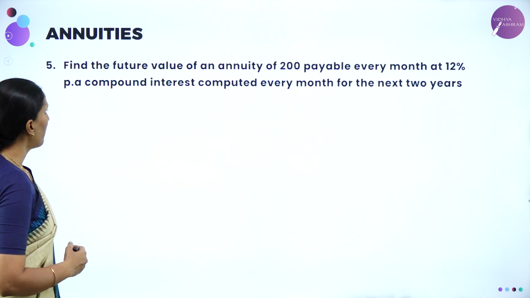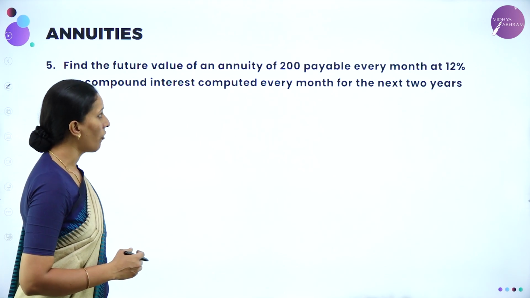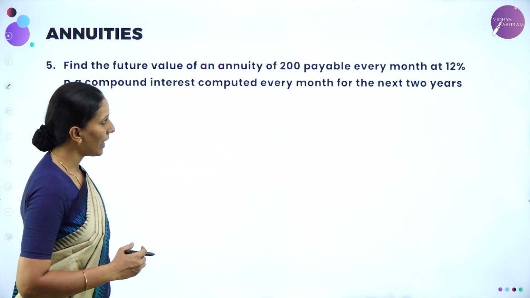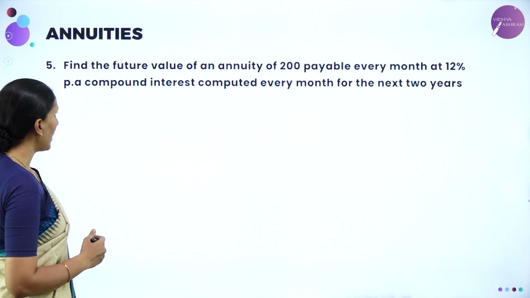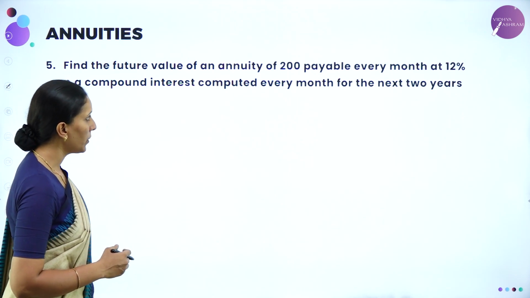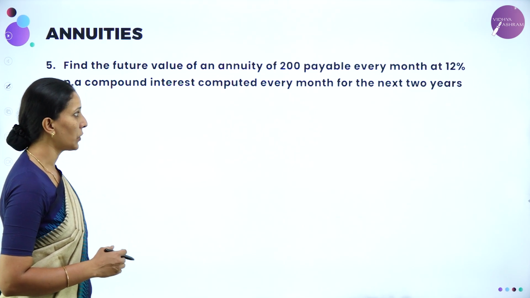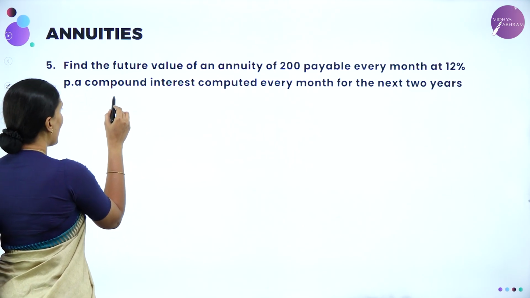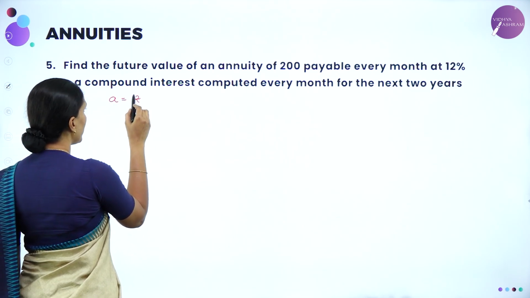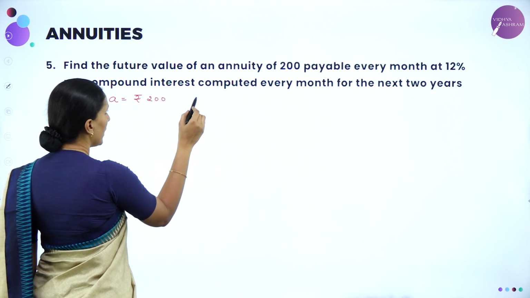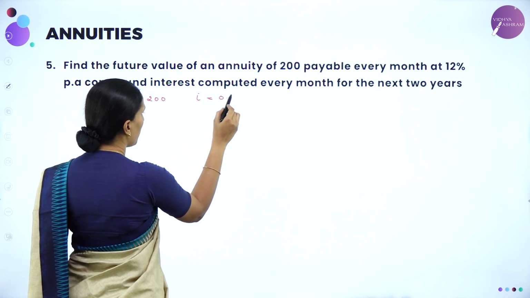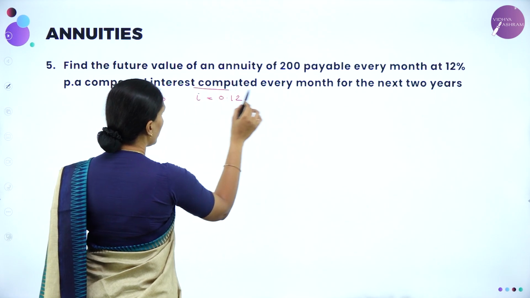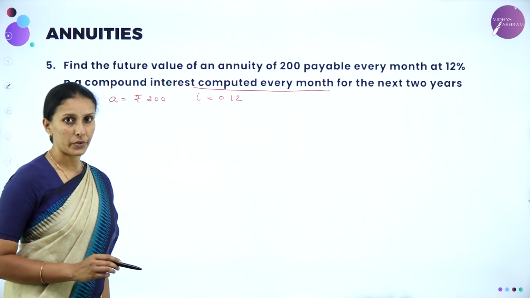Next question. Find the future value of an annuity of 200 payable every month at 12% per annum compound interest computed every month for the next 2 years. So here the value of A is given, that is rupees 200. The interest rate is given, that is 0.12, but it is computed every month for the next 2 years.